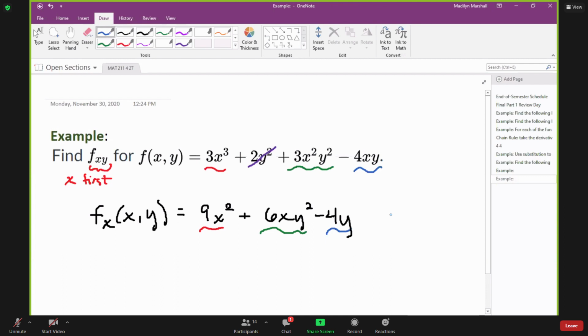So this next step, I think, is where some confusion happens. When we're now trying to find, in the end, the derivative of x and then y, we're starting from this step that we just found.